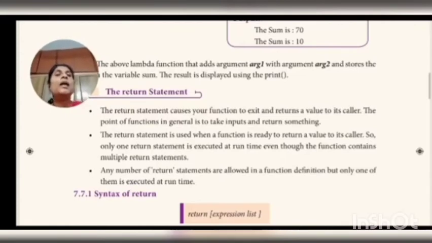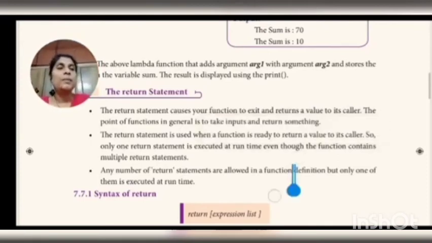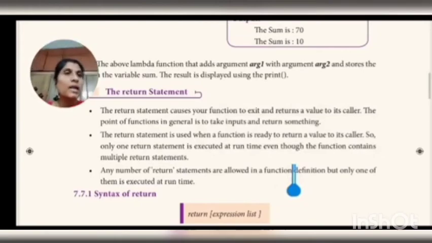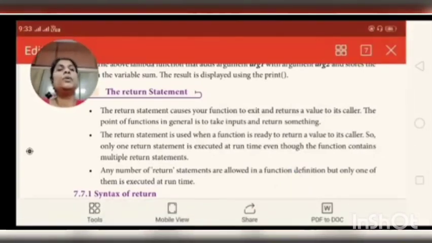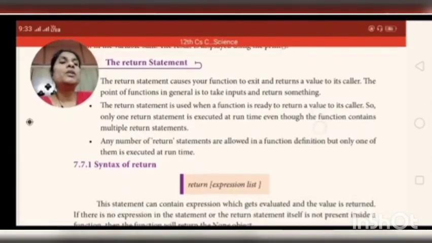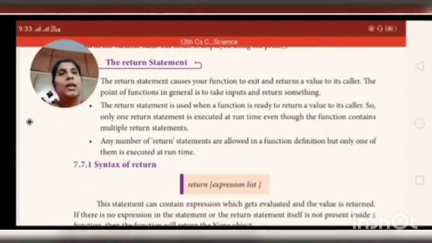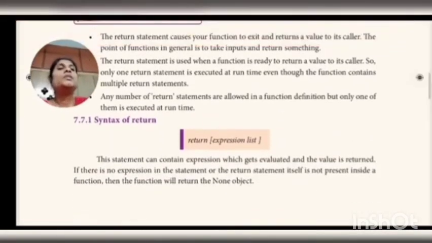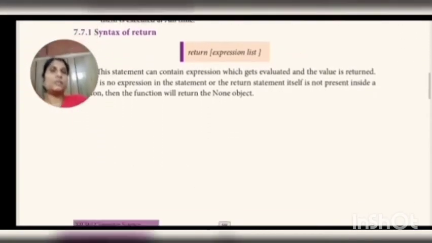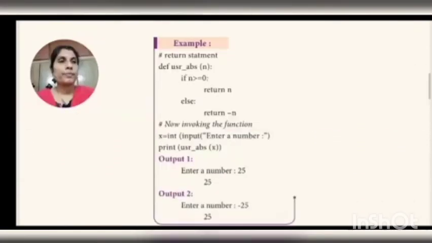Any number of return statements can be there, but only one statement will be executed, based on a particular condition given. Now the syntax of return: return is a word, followed by an expression list. Any expression or variable can be given. That is the syntax of the return statement.